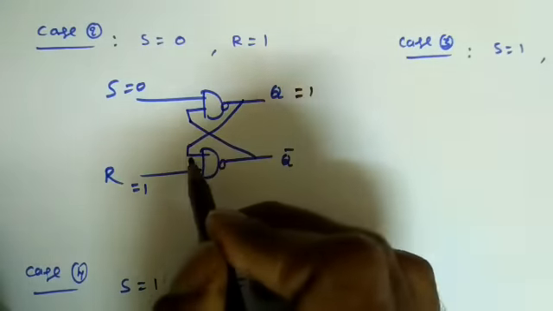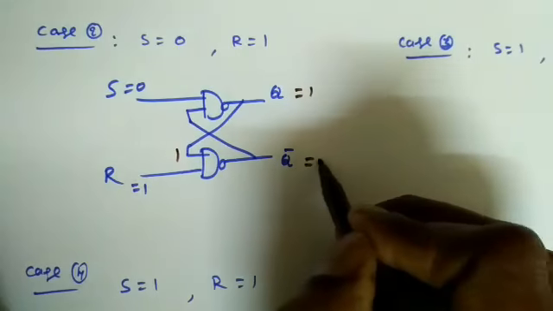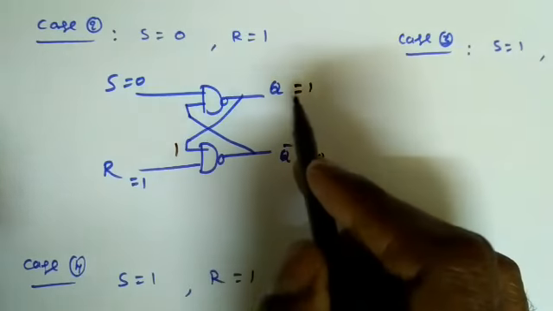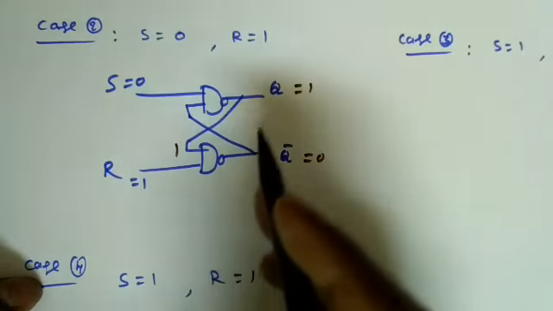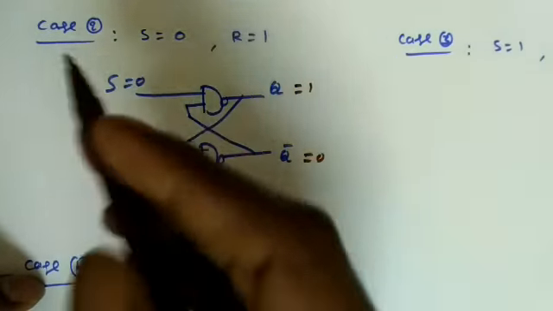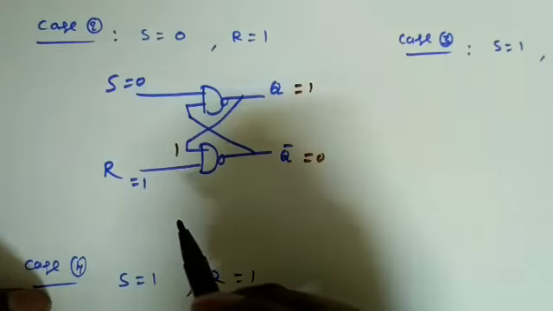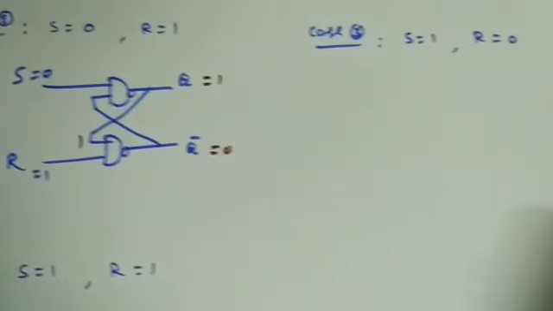So Q is coming here, so 1 into 1, 1 bar means 0. Now see, they are complements of each other. When S is equal to 0, we are getting Q equal to 1. It is the complement of what we got in the SR latch using NOR gates. There, when S is equal to 0, we got Q equal to 0, but here it is opposite, right? That we need to remember.